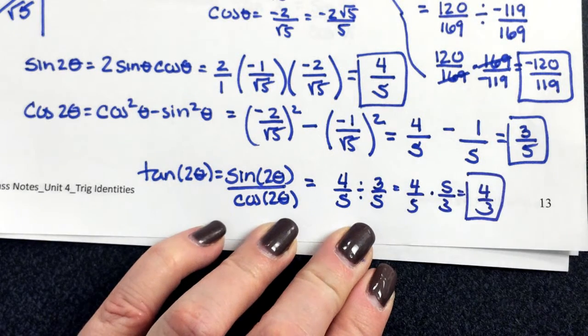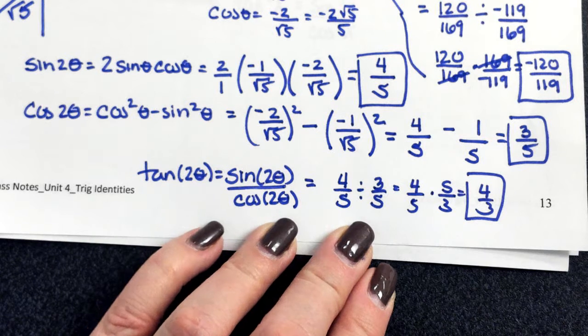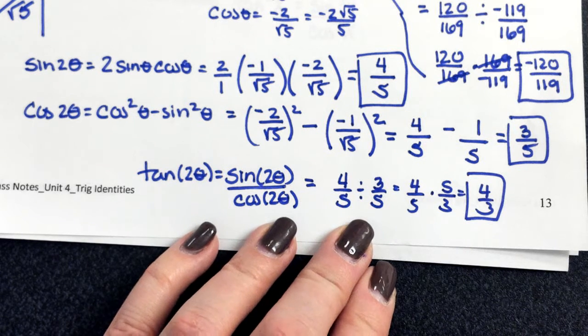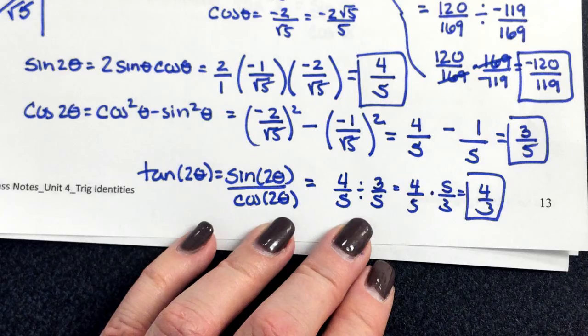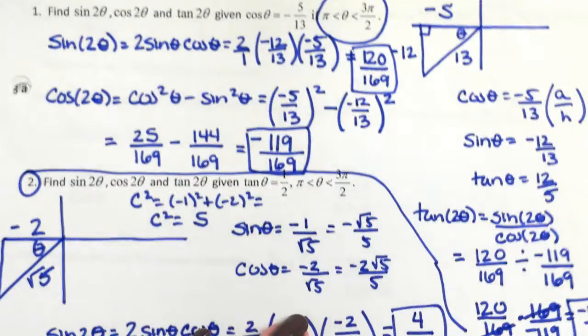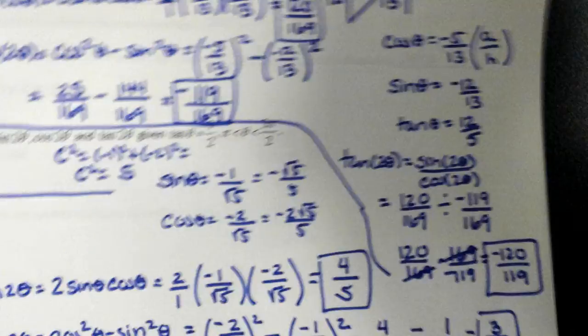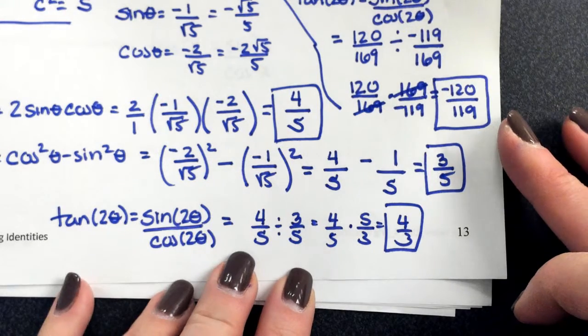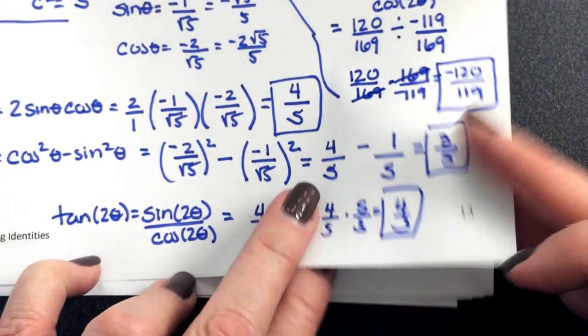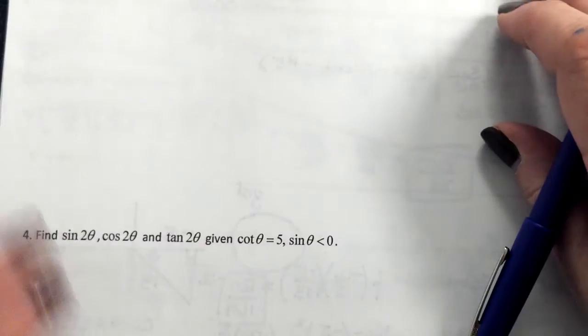What'd you guys get for the tangent double angle? 4/3. Okay? So any questions on using those double angle formulas? Okay? All right. So now take a look at number 3.